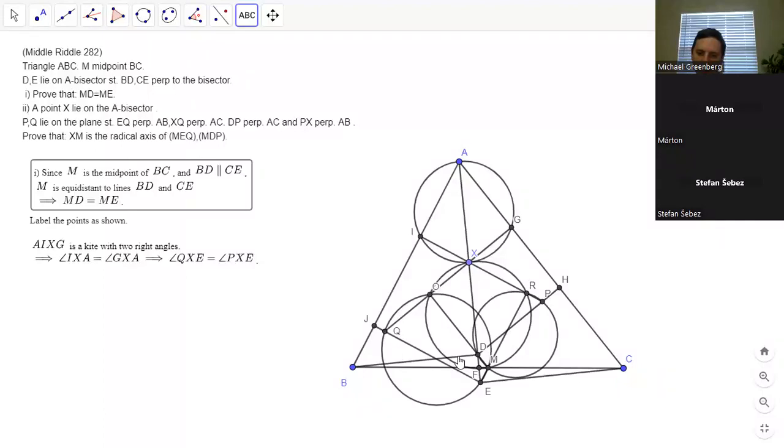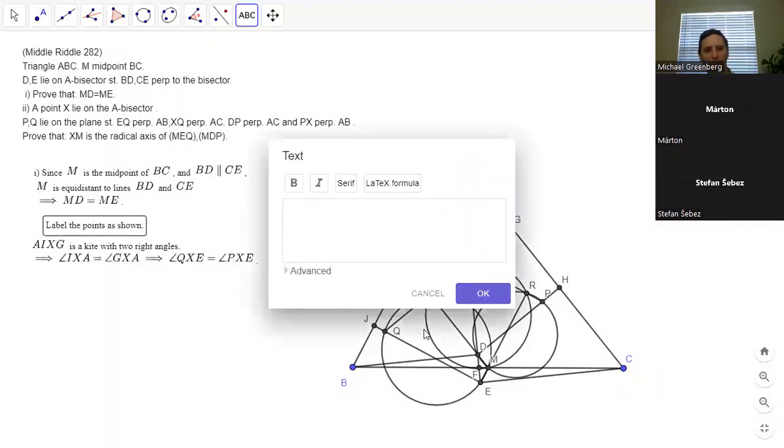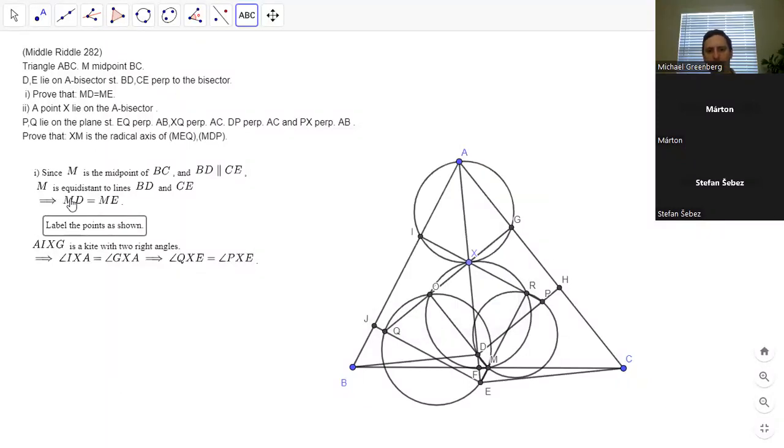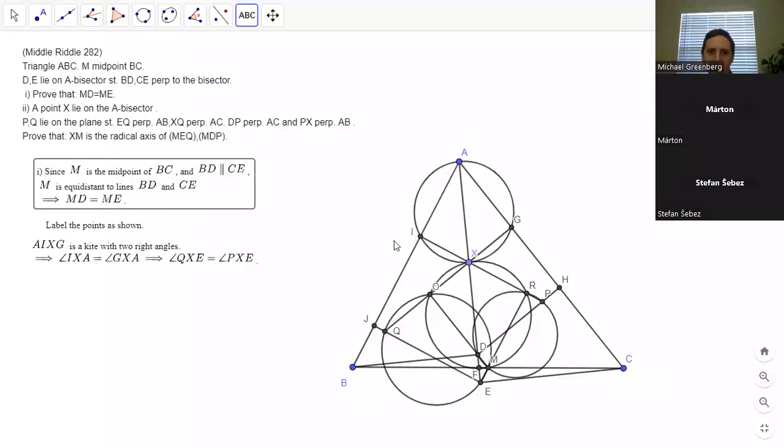Sorry, what do you want to prove now? Sorry, I thought it was really obvious that MD equals ME, but we did need to use something. So M is equidistant to these two lines. I get that. But then how does it follow from that MD equals ME?